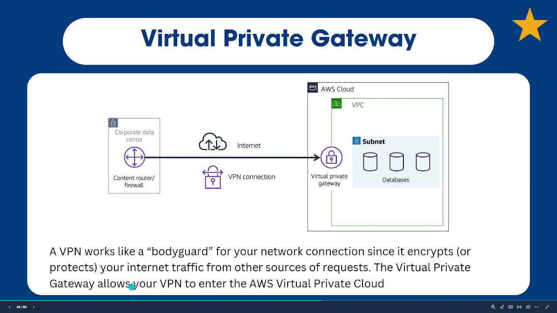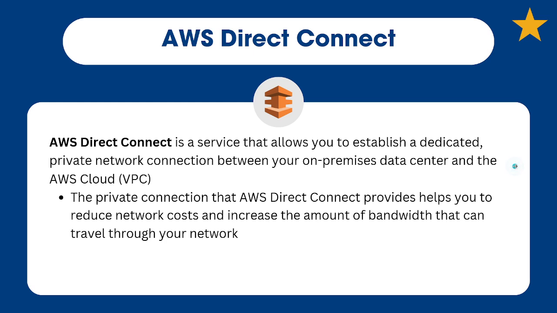The virtual private gateway allows your virtual private network to enter the AWS virtual private cloud. So again, all you need to remember is if you need to make a connection between your little piece of the AWS cloud and your private network here, you're going to need to use a virtual private gateway, not just a good old-fashioned internet gateway.